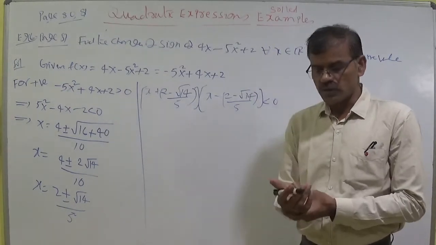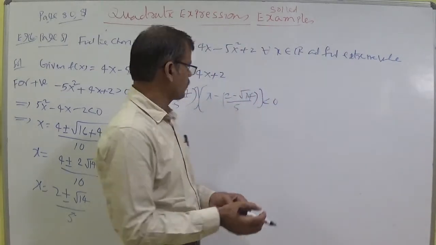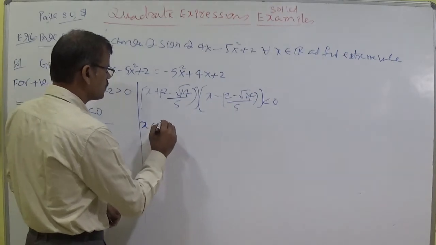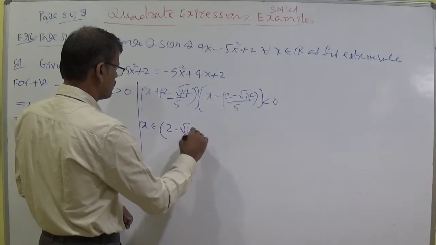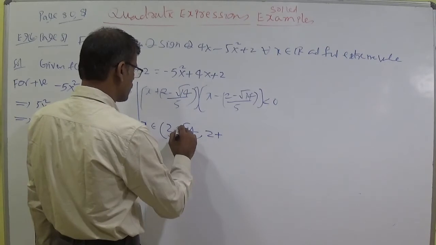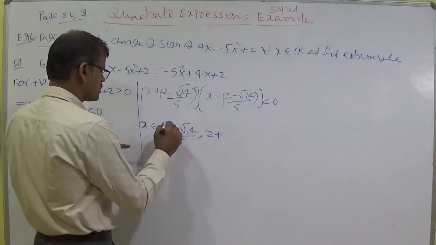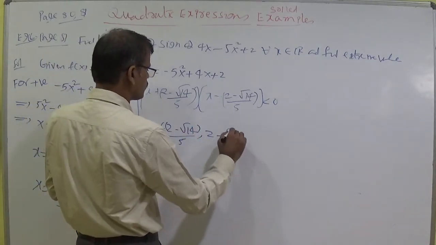We know the formula: x minus alpha and x minus beta less than 0, then x belongs to the open interval alpha, beta. So x belongs to the open interval 2 minus root 14 by 5 comma 2 plus root 14 by 5.